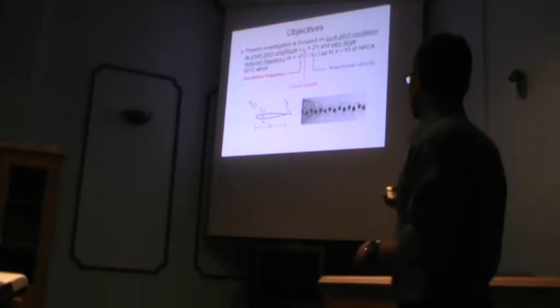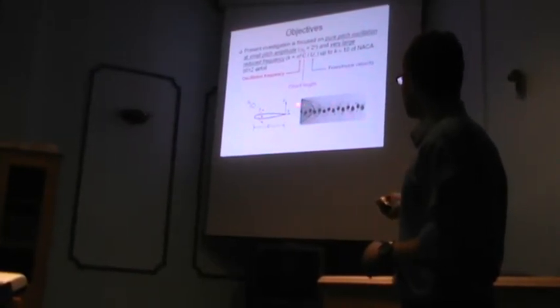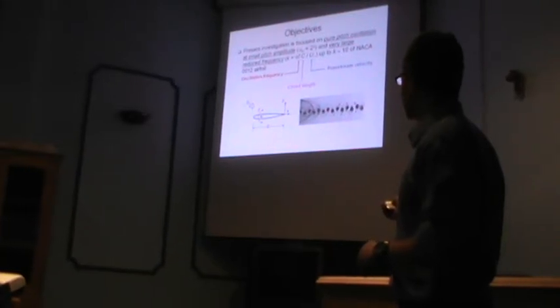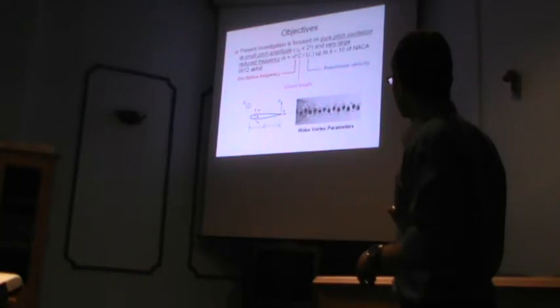Now, in the remainder of the talk, we will characterize this kind of vortex configuration using 3 parameters that I would like you to remember. And the white doesn't show up very well here.